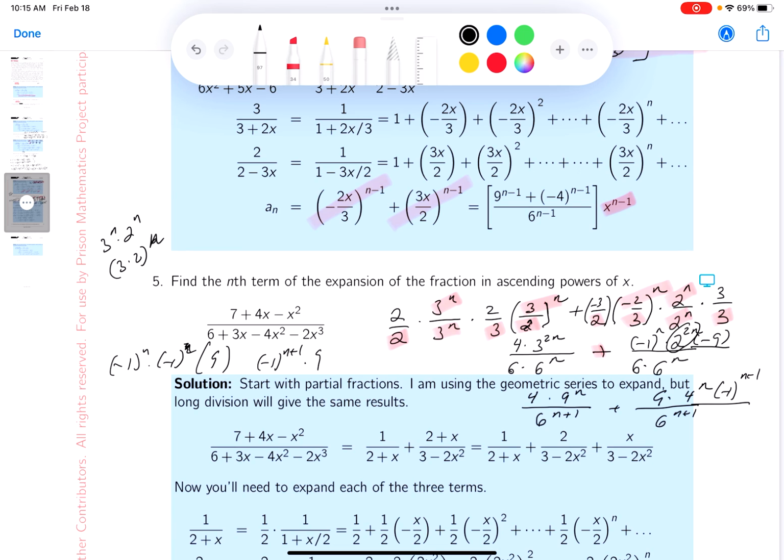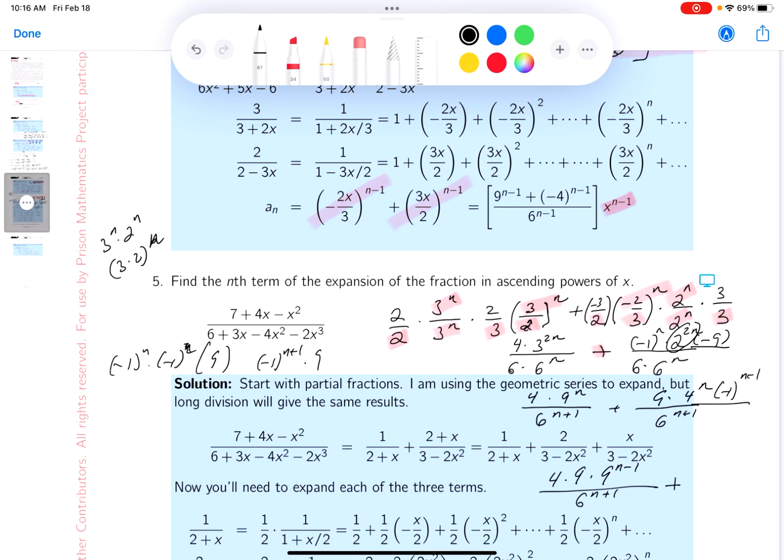All right, I got to do something here. And I'm going to borrow 9. 4 times 9 times 9 to the n minus 1 over 6 to the n plus 1. Let's do this over here. It's tough, though.